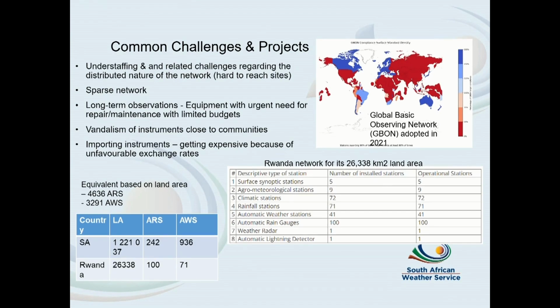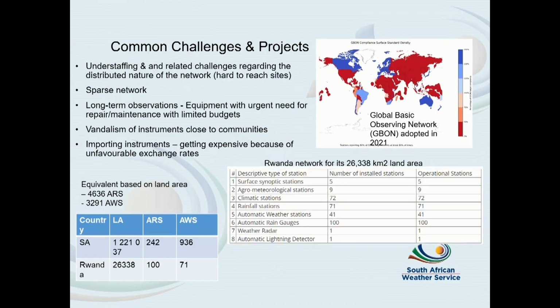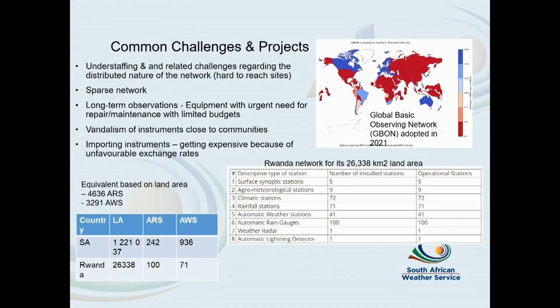Another thing is equipment with urgent needs for repair and maintenance, with limited budget. Maintaining weather stations across the country is not cheap. It is quite expensive, and this is quite a challenge.